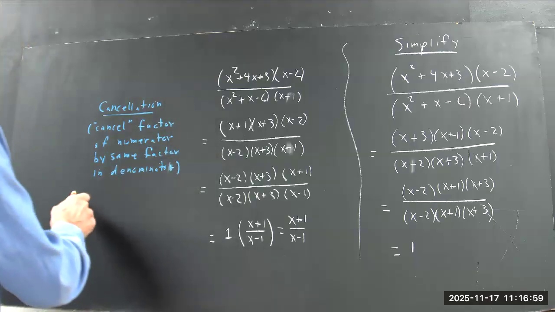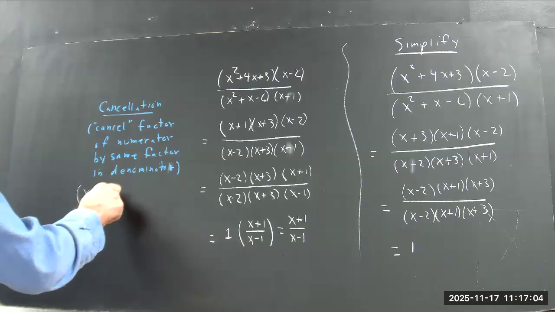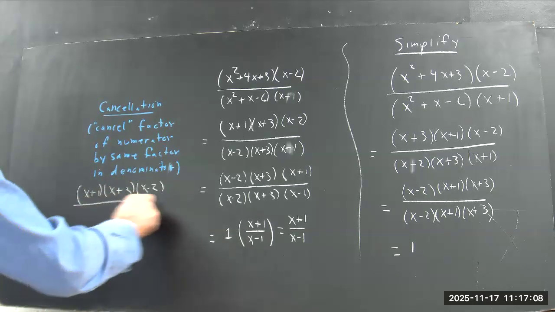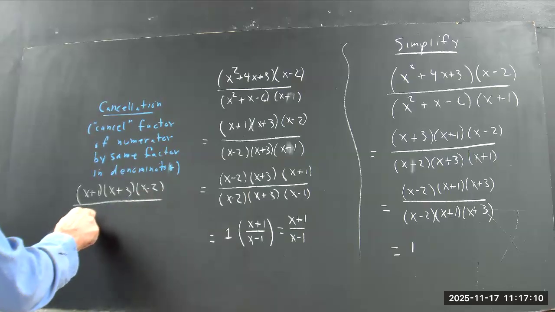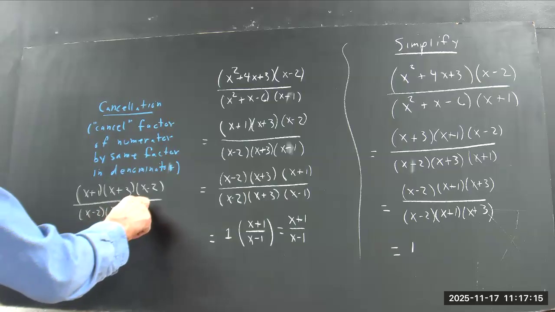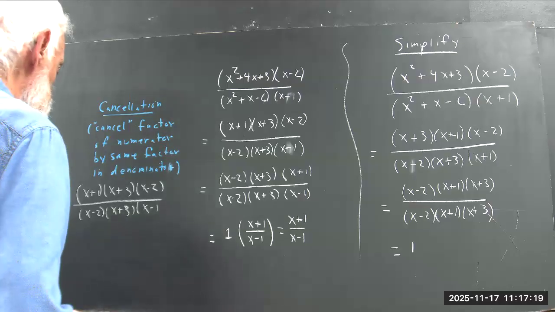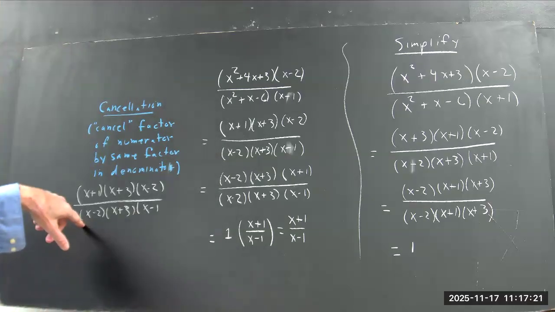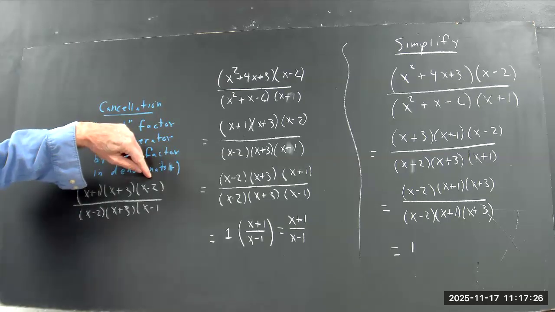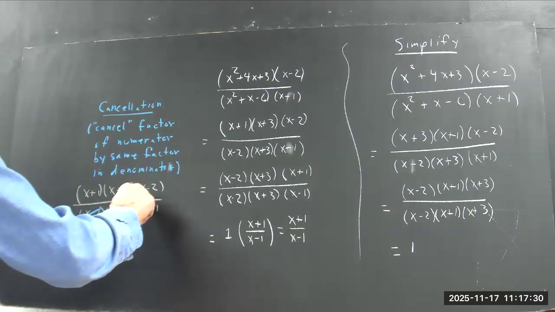So if we have x plus 1 times x plus 3 times x minus 2 divided by x minus 2 times x plus 3 times x minus 1, the x minus 2 here is a factor of the denominator, and it's also a factor of the numerator. So Open Math will tell you just cross a line through them.